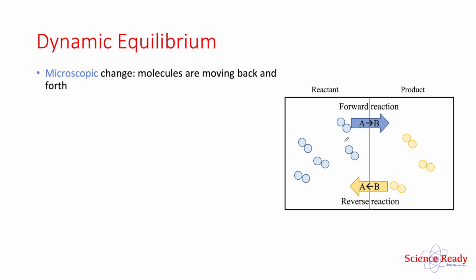So really, at this state that's known as a dynamic equilibrium, we still have a reaction going back and forth. Every time a molecule in a reactant gets converted into the product, you have one product molecule being converted into the reactant. So the molecules are going back and forth. So there is still a microscopic change.